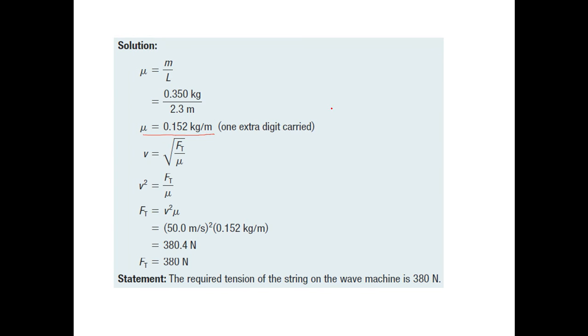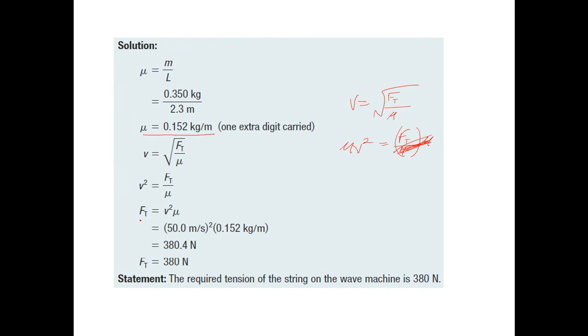Now, how do we do that? Well, if V is equal to the square root of Ft divided by our linear density, first of all, we have to square both sides, and that gets rid of the square root. And then if we want tension, we multiply both sides by linear density.